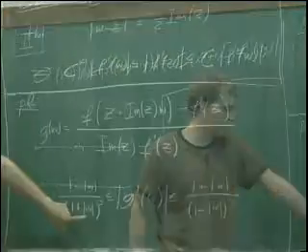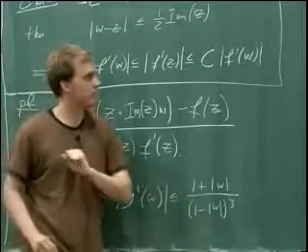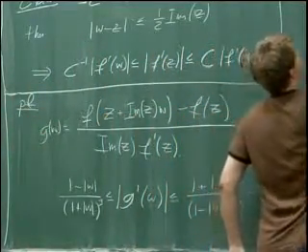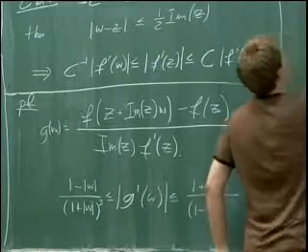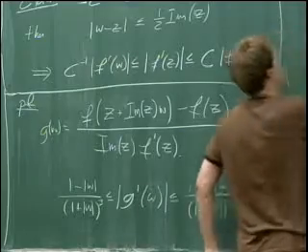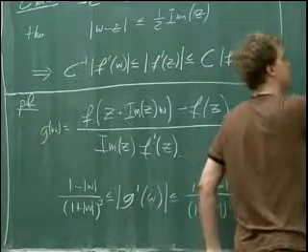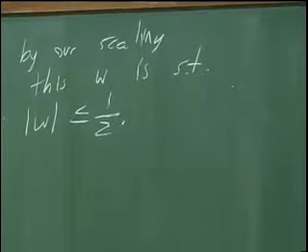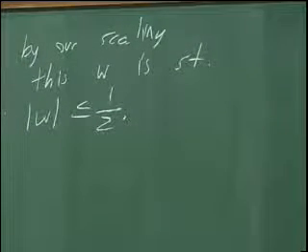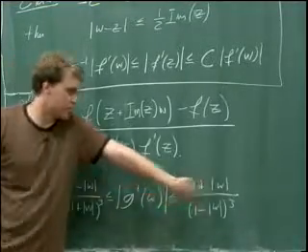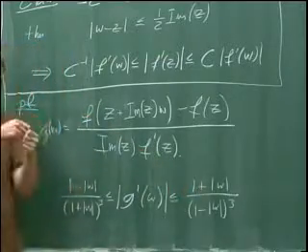So that means that by our scaling, this w is such that norm of w is less than or equal to 1/2. So we're only looking at this ball of radius half the original thing. And so that means we can just make everything as bad as possible, on the range between 0 and 1/2.